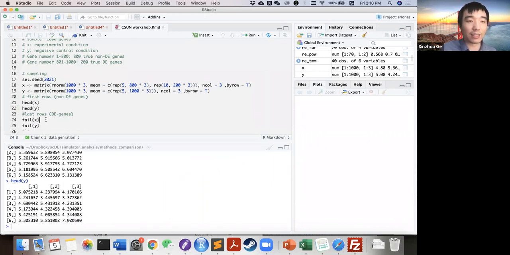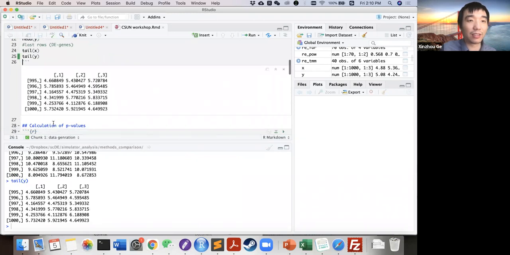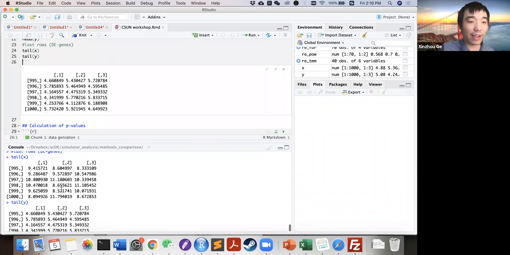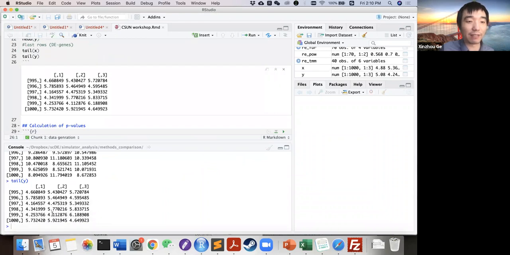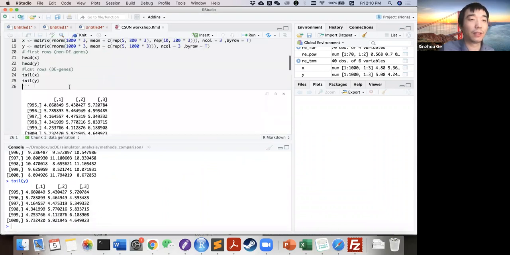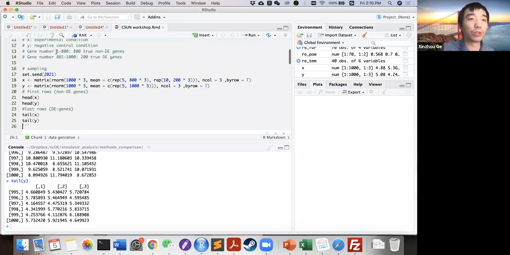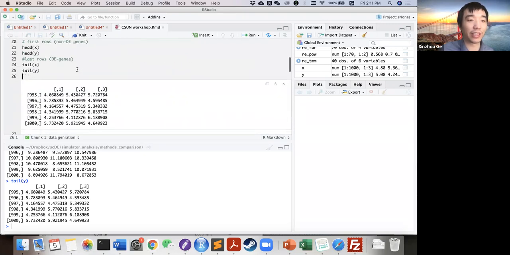But if we look at the last several rows of X and Y, we can see that the X values are much larger than the Y values. This should be the case because all these values are simulated from our truths. So we know the true DE genes and we know the true non-DE genes.